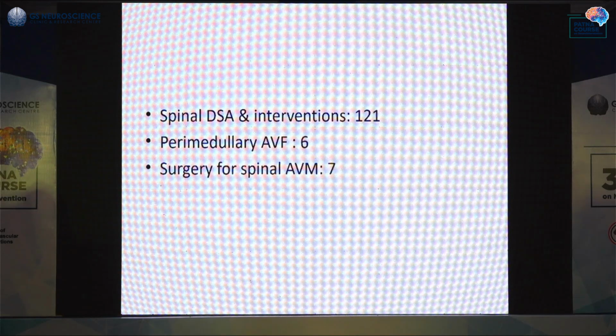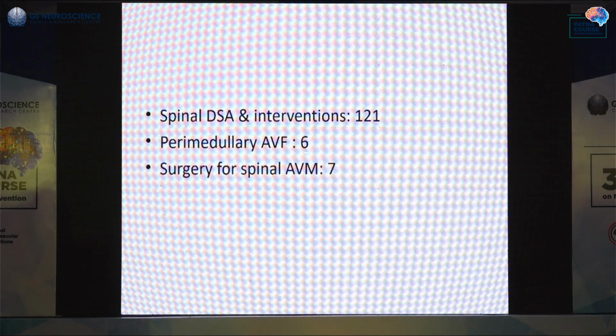In all cases we first do spinal DSA and try to find where the fistula is, because we don't localize most of the time with MR angio, as we don't have good technicians like Dr. Rahul has. So we first do DSA, and analyze what kind of fistula it is. Most of the time I discuss with Dr. Rahul for planning, and then do the procedure.